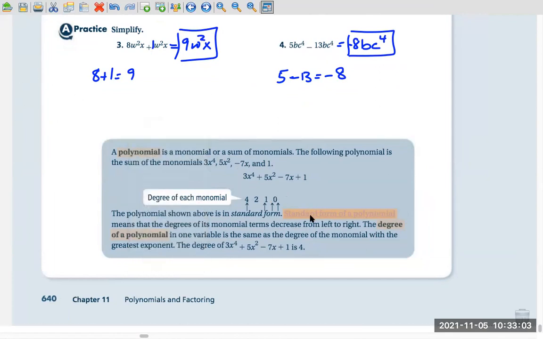Standard form of a polynomial means it decreases. So this is standard form, or descending. I call it descending order, because it goes from highest to lowest.